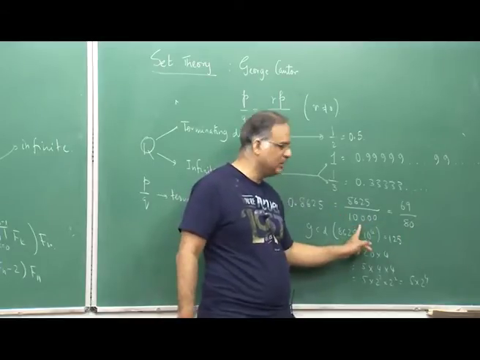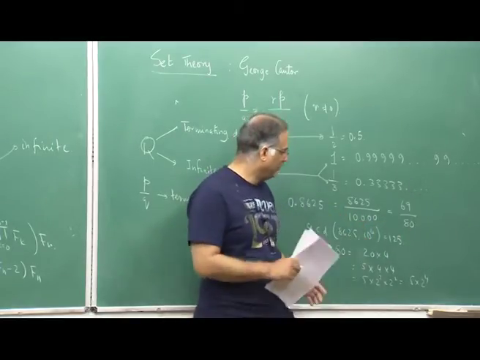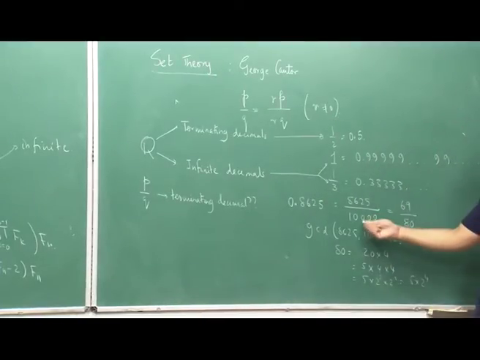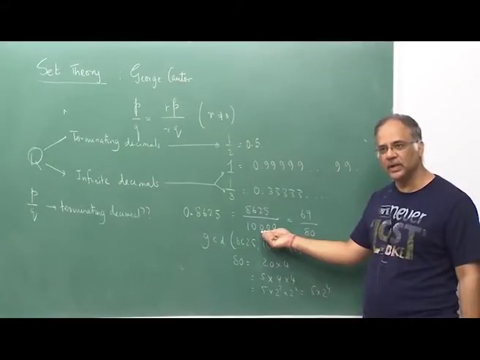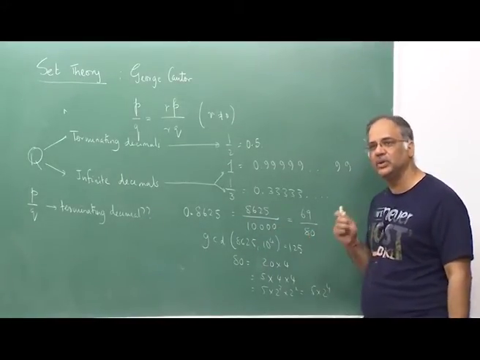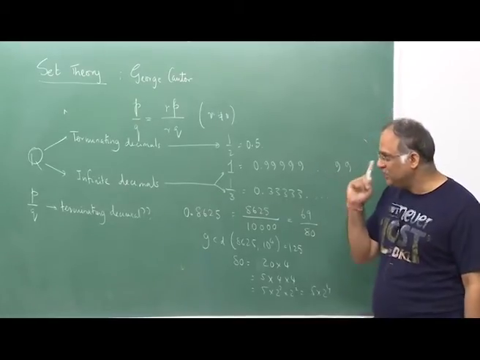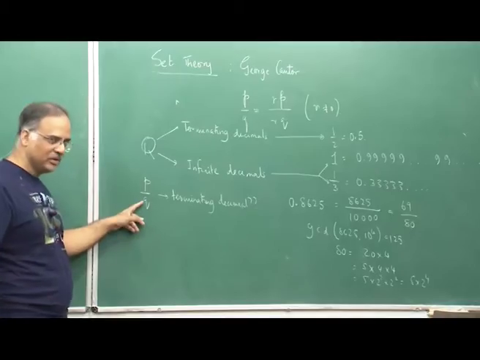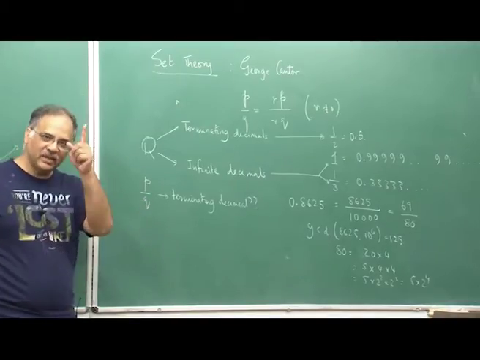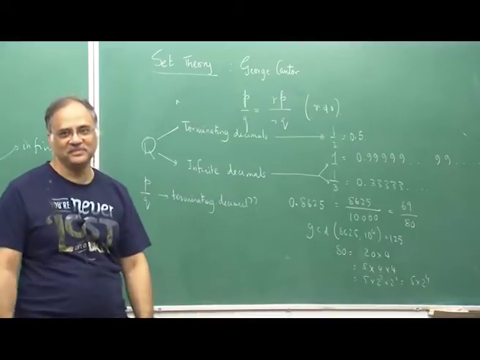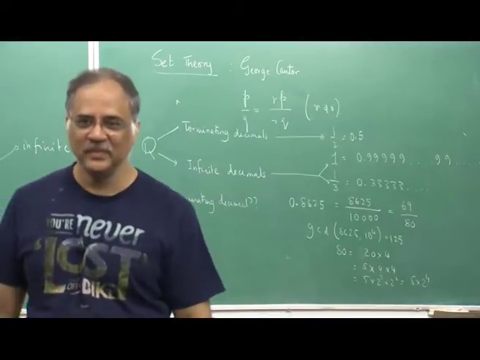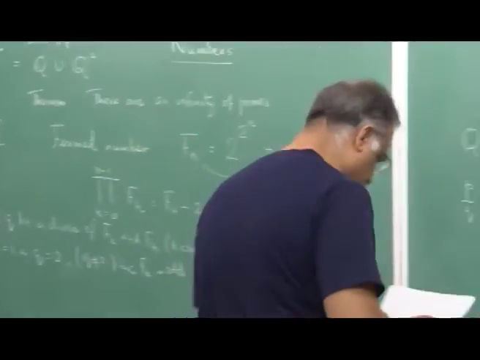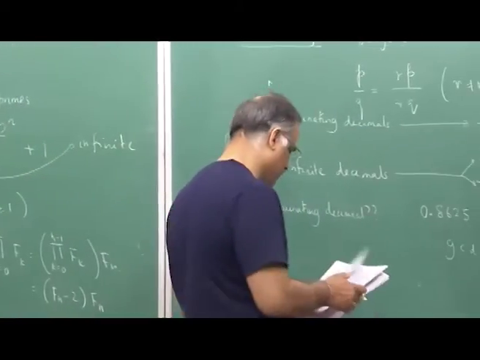Because 10 is equal to 2 into 5, the only prime factors of this number are 2 and 5, and so the only prime factors of 80 will also be 2 and 5. So, a rational number will give a terminating decimal if Q's only prime factors are 2 and 5, and that is the correct fact. This can actually be proved, which we will not do here; you can look into it later on.